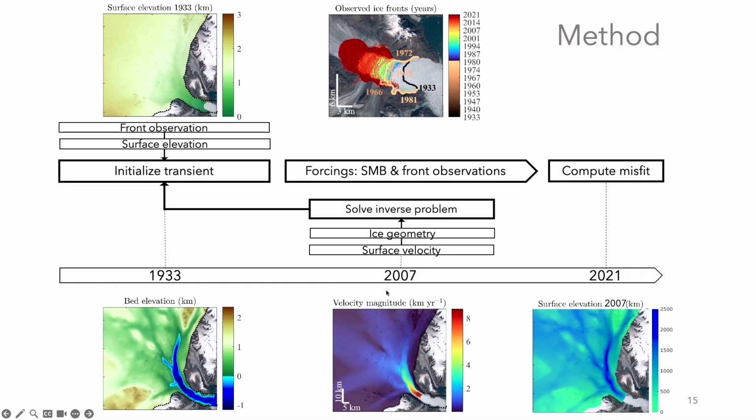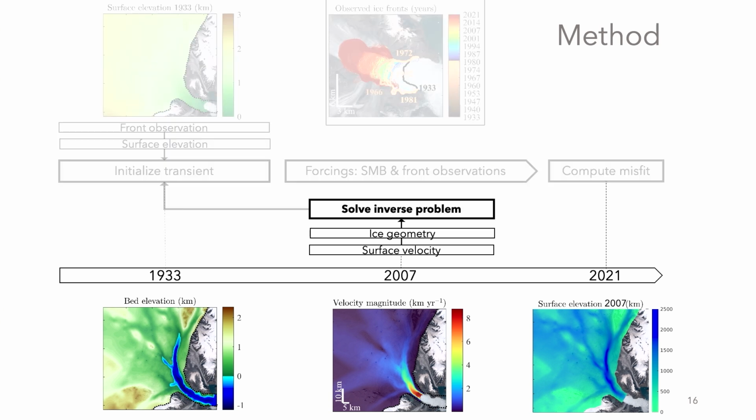So in my work, what I had to do was reconstruct the model, and in order to set up the model, you need to have initial conditions. So we got the geometry from the images I showed you earlier, but we still need the basal friction, or the conditions underneath the ice.